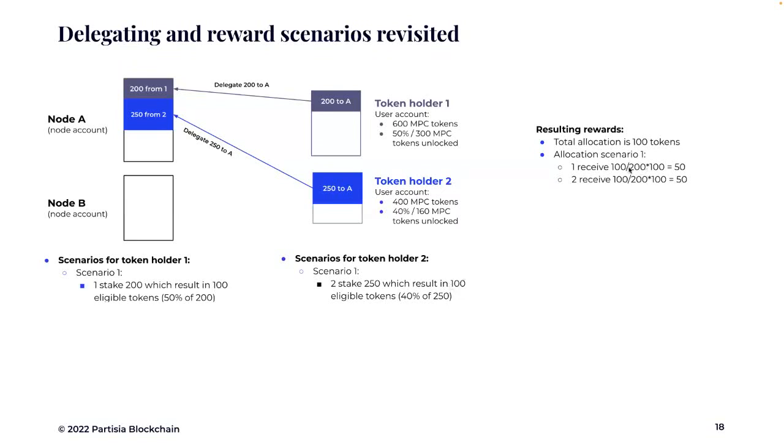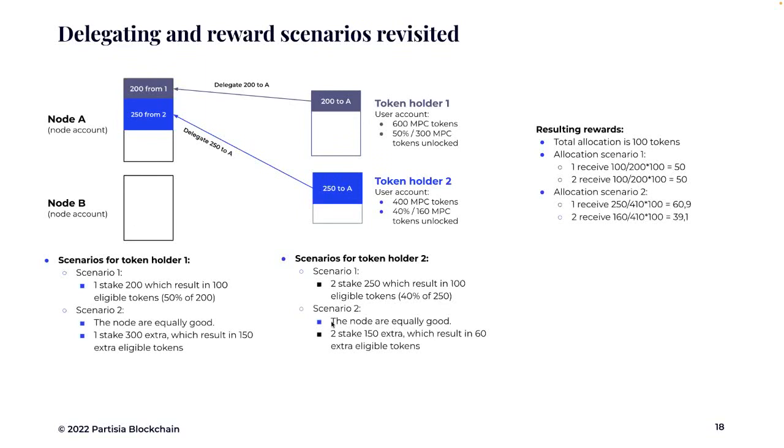We are now distributing the 100 tokens this way. Token holder 1 has 100 rewardable tokens, and there's 200 in total, so they get 50. So 50% of the 100 tokens, and the same for the other token holder.